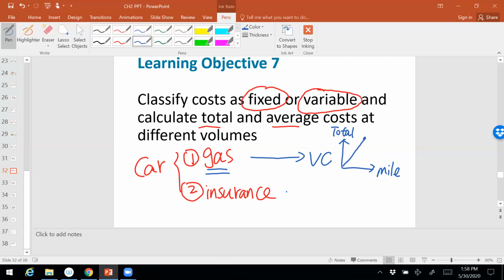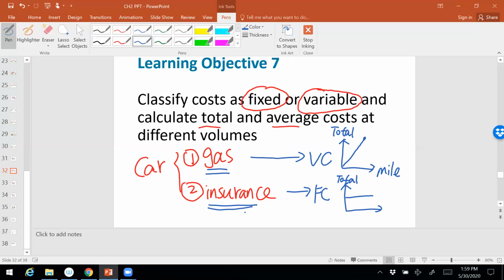But the insurance is a fixed cost, because no matter how many miles you drive, unless you drive all the way to China, the total fixed cost is constant. You drive 1 mile, 2 miles, 1,000 miles, most likely it's $100 a month. Let's just make up a number. So yeah, you got it.